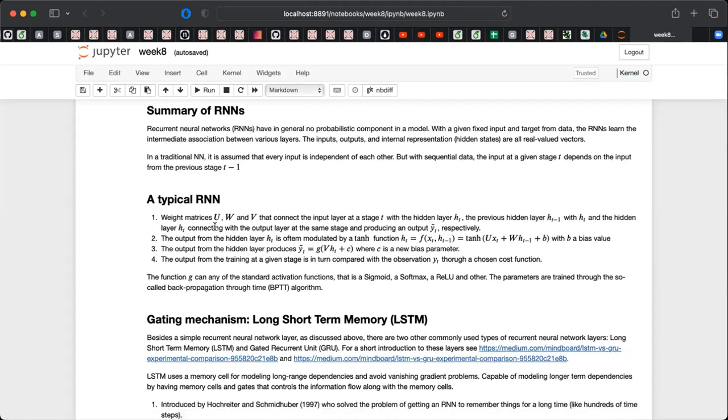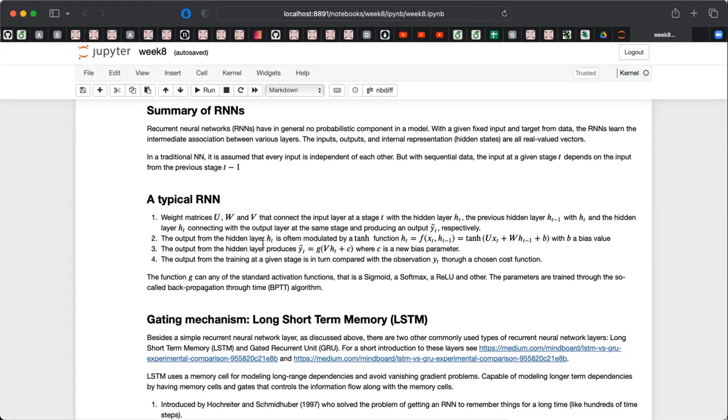And we would have these weight matrices U, W, and V that connect the input layer at a given stage with a hidden layer, and then the previous hidden layer with the new hidden layer, and the hidden layer connecting with the output layer at the same stage. And you also have an input x at a given stage.